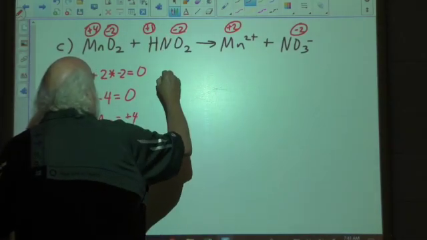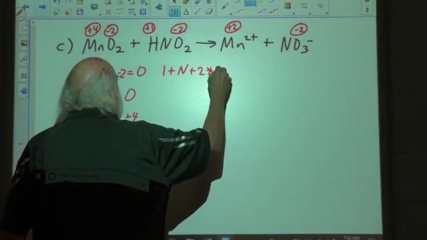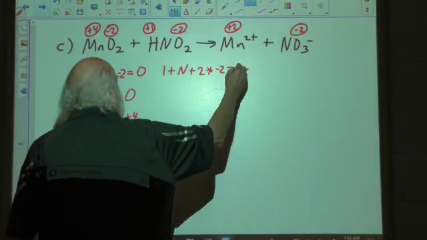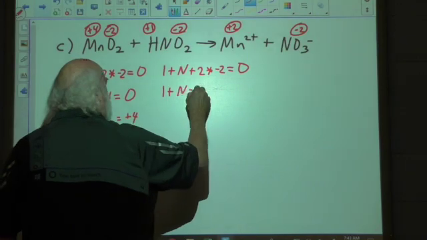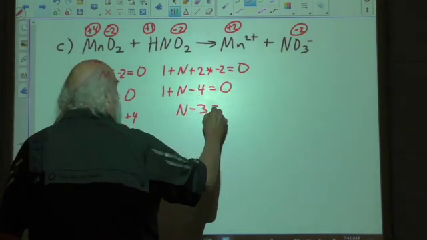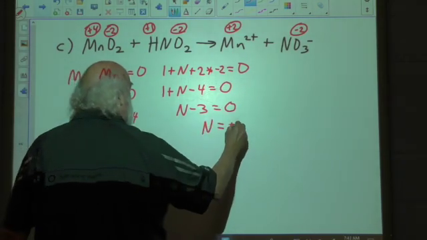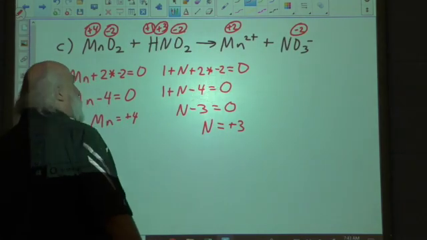So now we got 1 plus N plus 2 times -2 equals, and there's no charge for this compound, so that's 0. So that's 1 plus N minus 4 equals 0, or N minus 3 equals 0. Add +3 to both sides. N equals +3. We'll put a +3 right there.